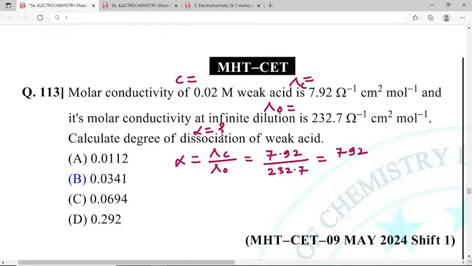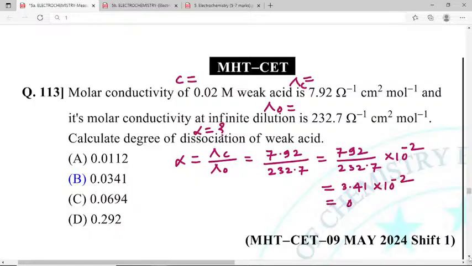So it should be 792 divided by 232.7, 10 to power minus 2. So if you solve this, we'll get the answer 3.41 into 10 to power minus 2.